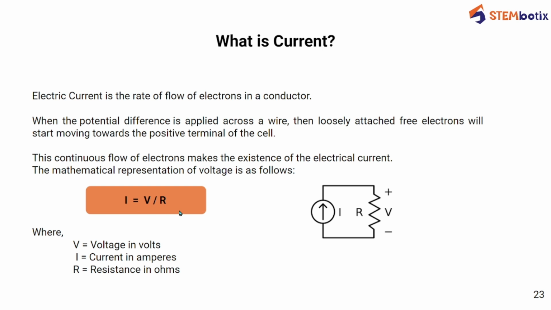We have V = IR, and from that formula we can have I, or current, as the voltage divided by the resistance, I = V/R. Here I is current, V is voltage, and R is resistance.